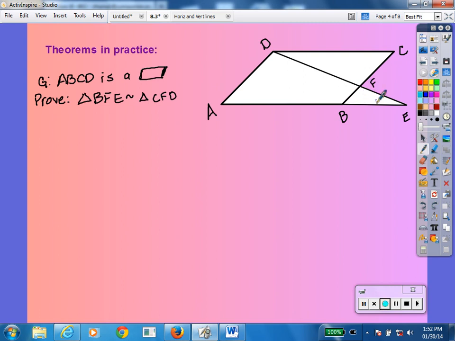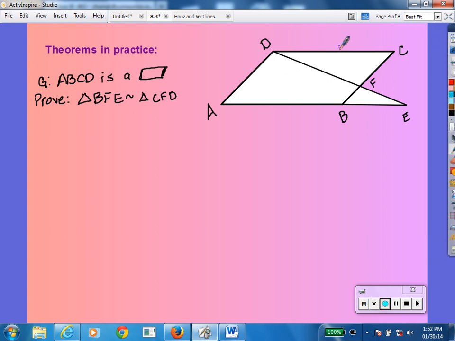Let's talk about possibly using, I don't think sides are going to help us here because we don't have any side measurements. So using opposite sides or congruent isn't helpful. Now, it might be useful to use parallel sides. Let's take a look at that.